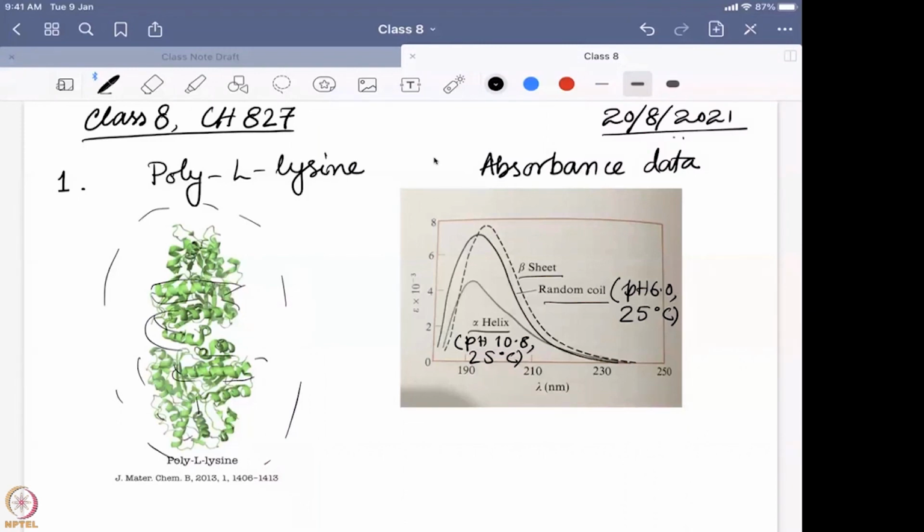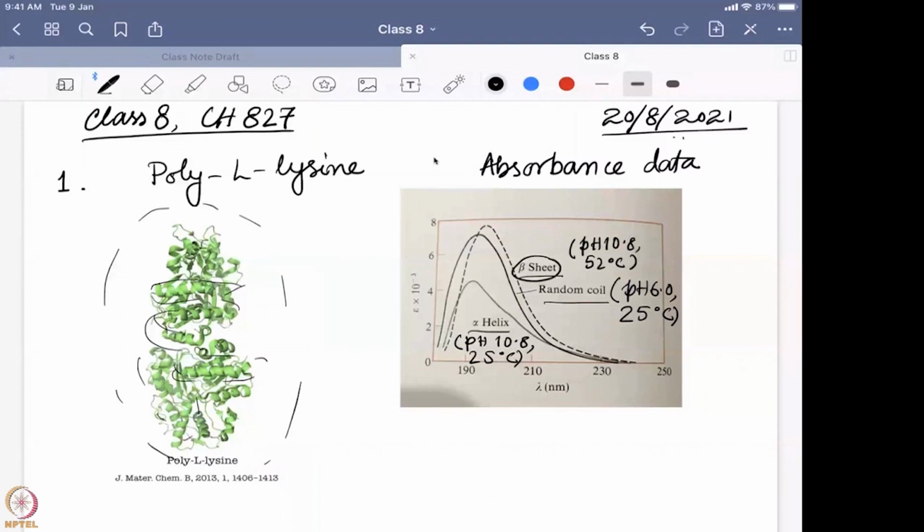alpha helices. Then when they kept the pH the same but changed the temperature to 52 degrees centigrade, most of the alpha helices turned to beta sheet. That is the change they got.